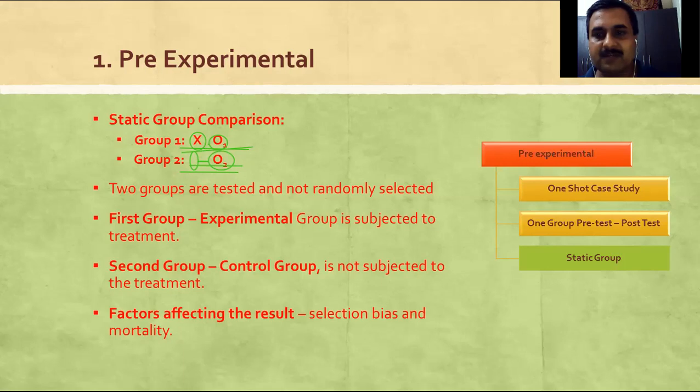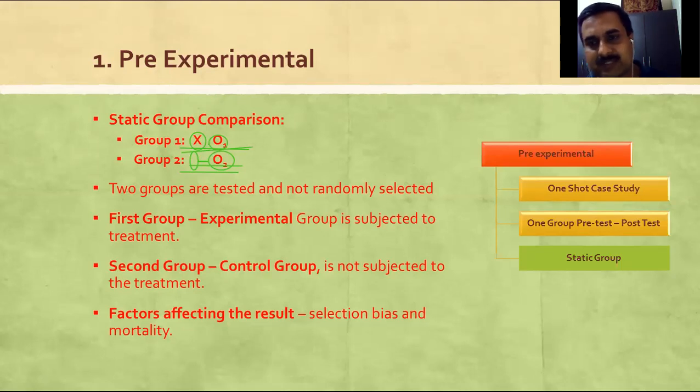So far we have covered this pre-experimental design. In pre-experimental design, one-shot case study was there. In the one-shot case study, only one group was given exposure. Second, one-group pre-test and post-test was also used, meaning observation before the exposure is given and observation after the exposure is being given.